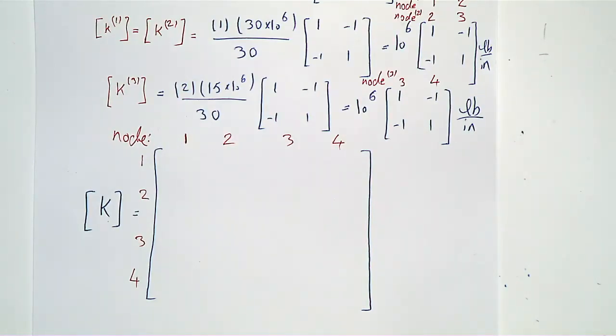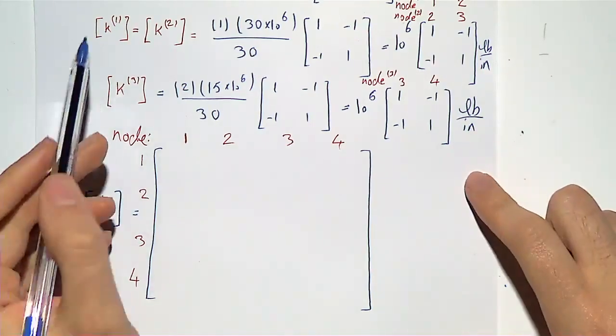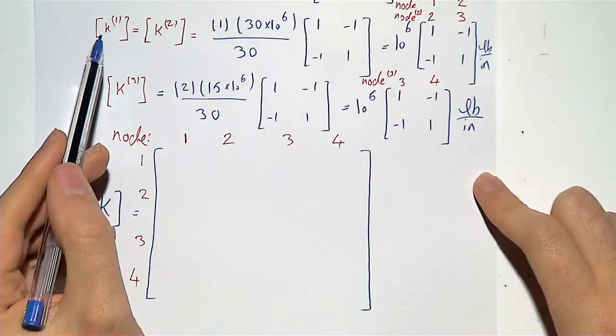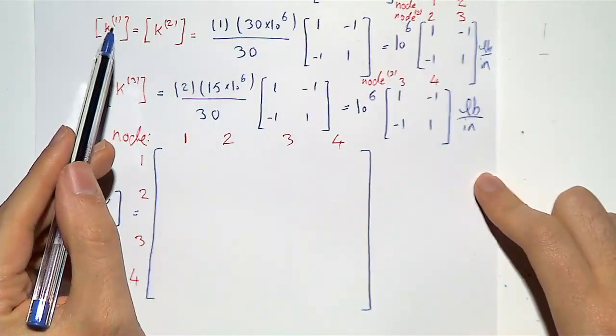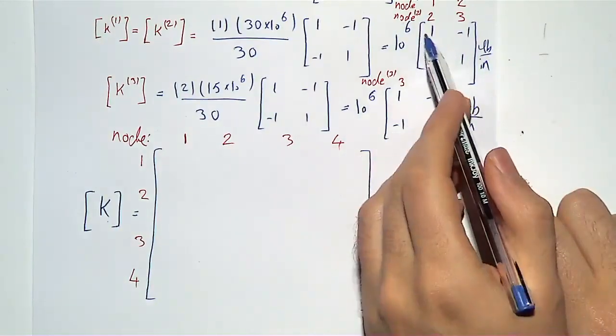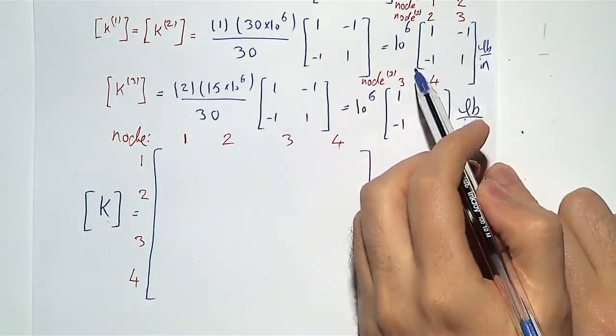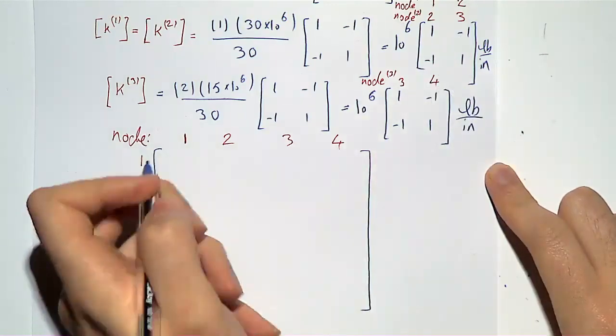All right, was it easy? So the common nodes are node number 2 and node number 3. I'm going to start with K1, the little K matrix for element number 1. So this is K11, this is K12, K21, and K22. All right, I'm going to put it here.